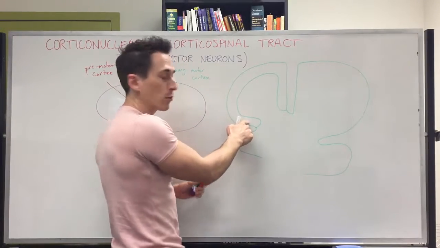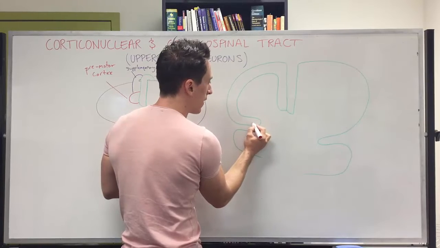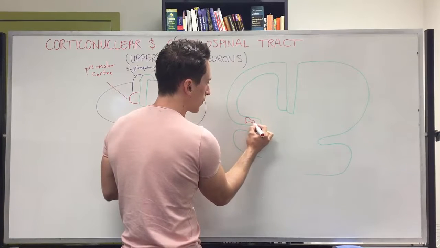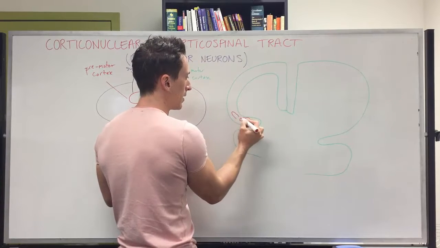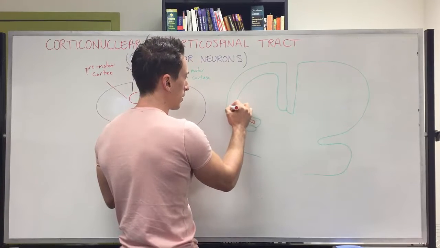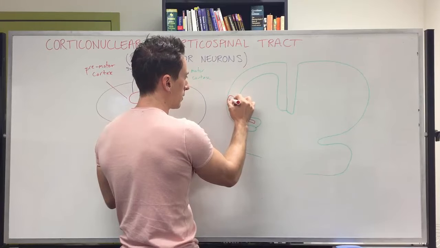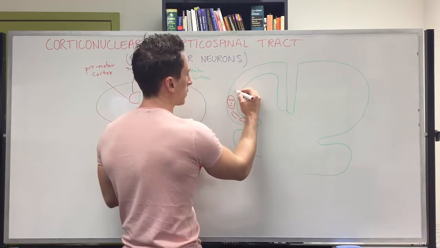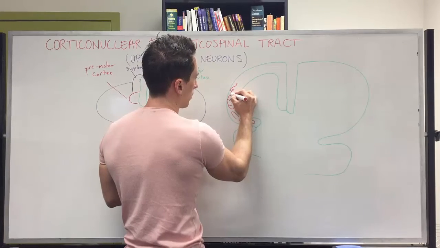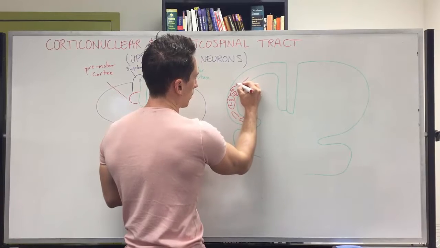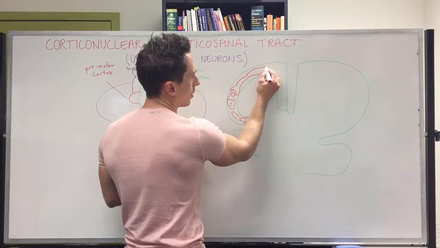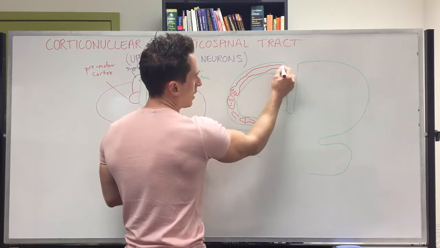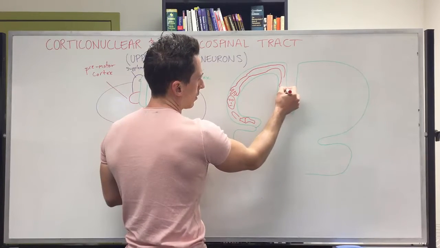Here, most laterally, we have the larynx and pharynx, tongue, face, hand, arm, then it goes trunk, then knee, leg, and foot.